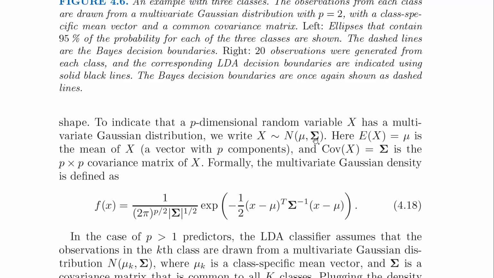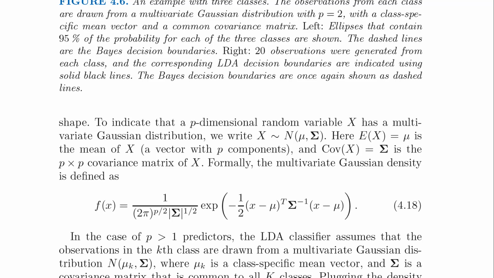And instead of sigma squared, we're going to have what is called the covariance matrix. Here, the expectation of x, just what you would expect from x, is mu, the mean of x, and the covariance of x is this matrix sigma. It has nothing to do with summation. It's just the Greek letter sigma.